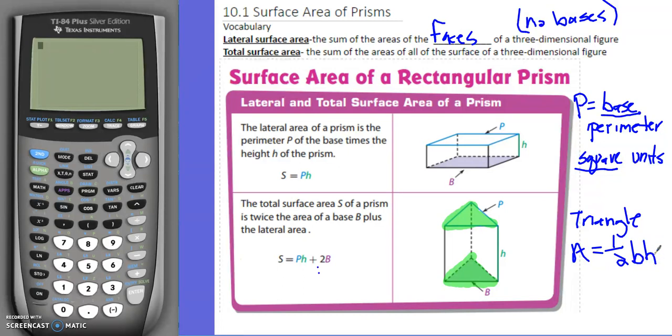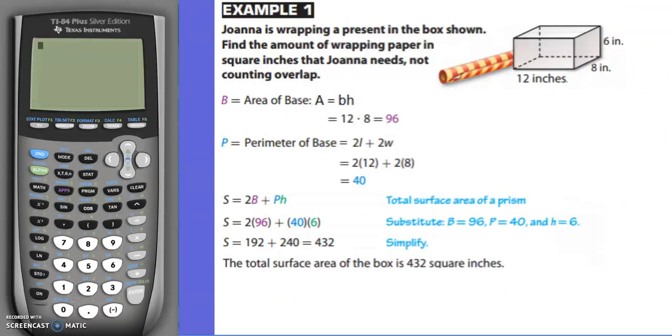All right, let's go to example 1. Example 1 says Joanna is wrapping a present in the box shown. Find the amount of wrapping paper in square inches that Joanna needs, not counting overlap.